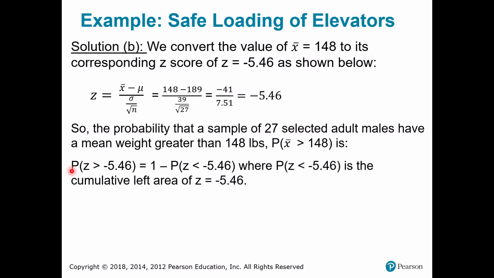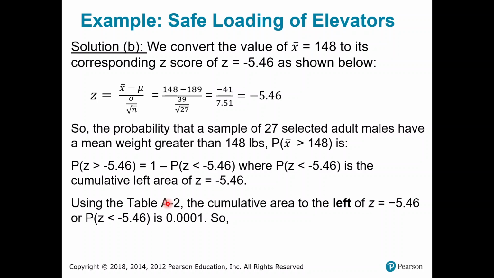So P of z bigger than negative 5.46 equals 1 minus P of z less than negative 5.46, where P of z less than negative 5.46 is the left area of z equals negative 5.46.